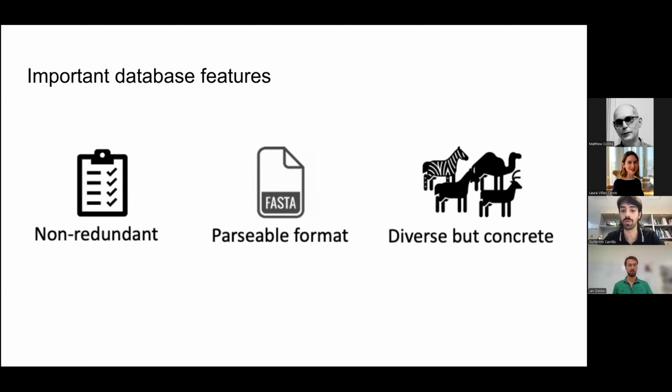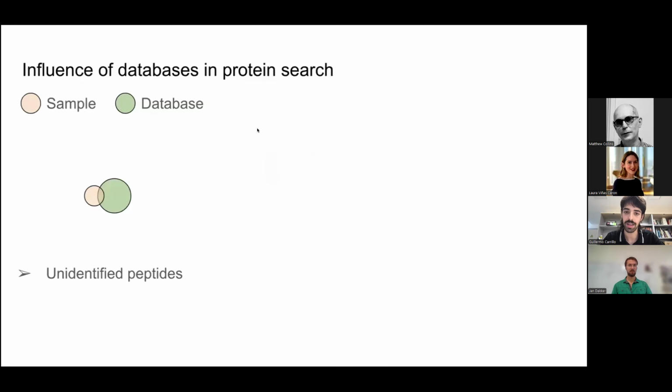Protein databases also need to be parsable, probably in a multi-FASTA format, which is the format used by many of the software tools. And protein databases should also be diverse but concrete. This might seem counterintuitive, but I promise it is not, so I will stop here a bit and try to explain this.